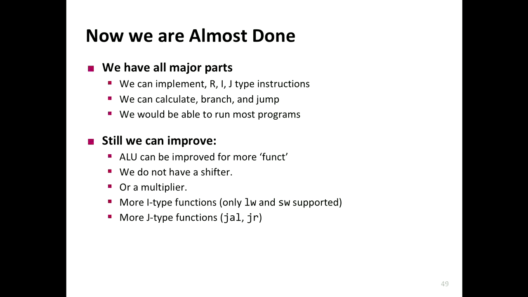You will see it graphically tomorrow, because I don't want to do it now and repeat it tomorrow. We will see how all these things come together, and we will finish the single cycle architecture tomorrow. Thank you very much.